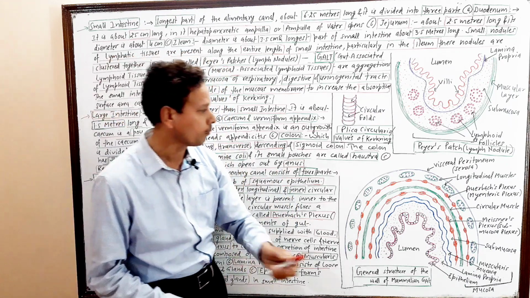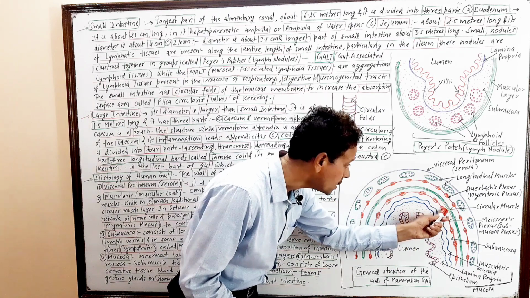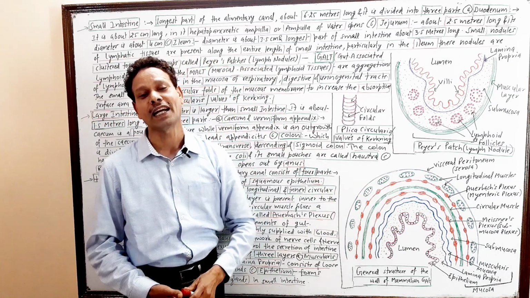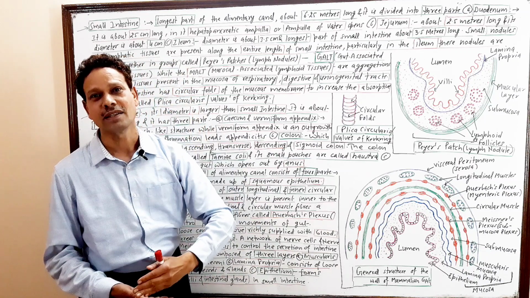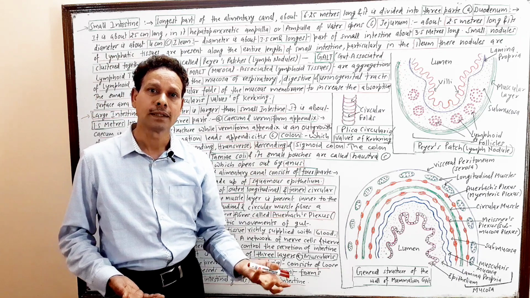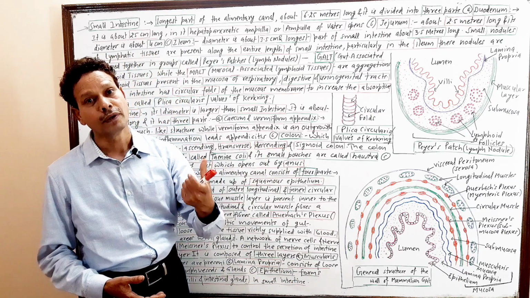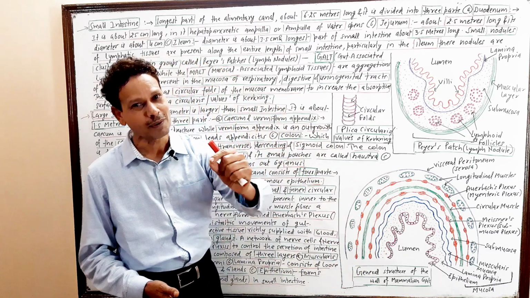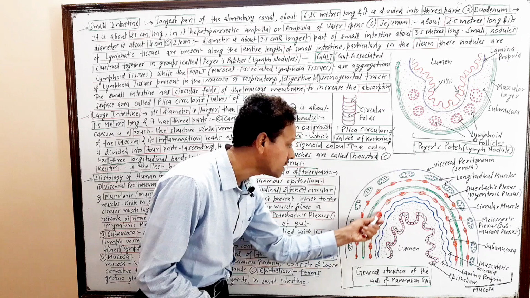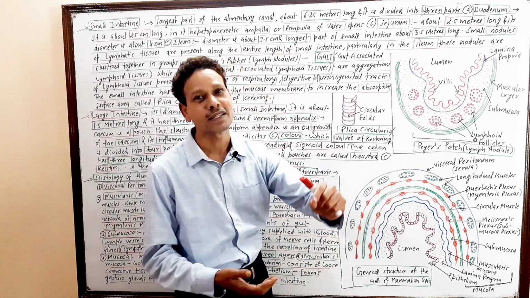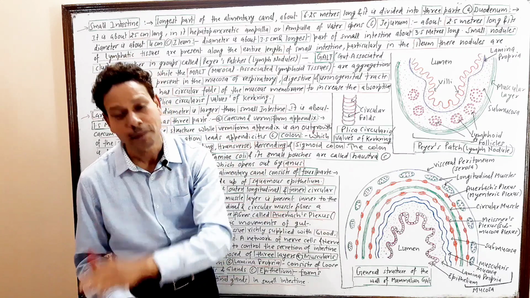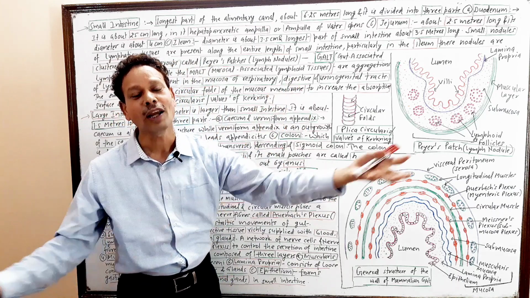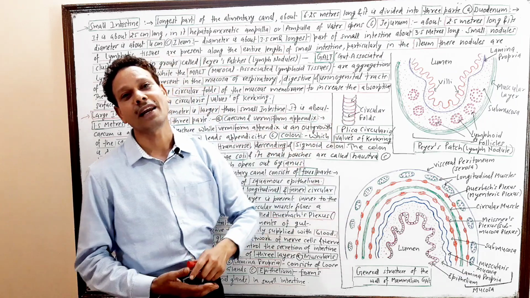Very important point: just below the circular muscles, this third part is submucosa, made up of loose connective tissue, with an abundant supply of blood vessels and lymph vessels, and it also contains some glands. In this submucosa is another network of nerve cells and nerve fibers, Meissner's plexus, or submucosal plexus, and this plexus controls the secretion of the small intestine, the secretion of the alimentary canal.